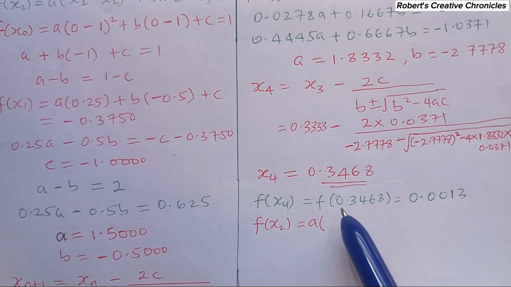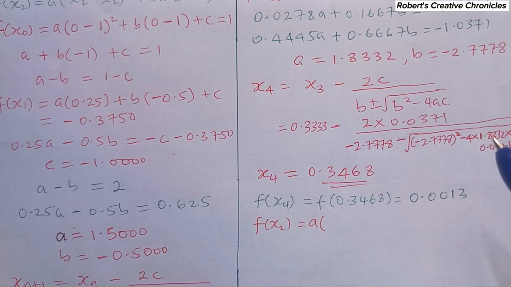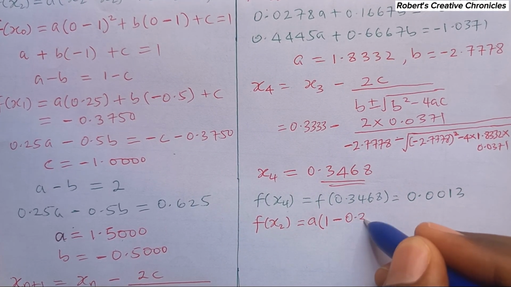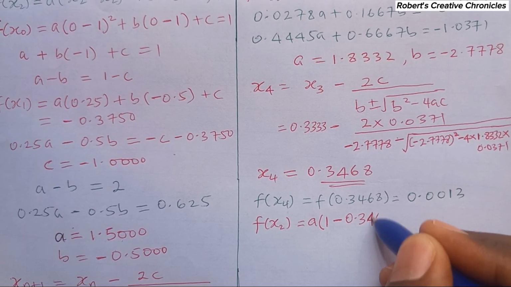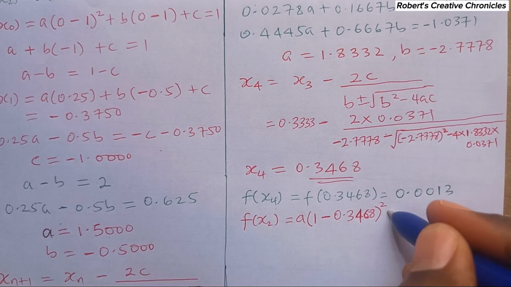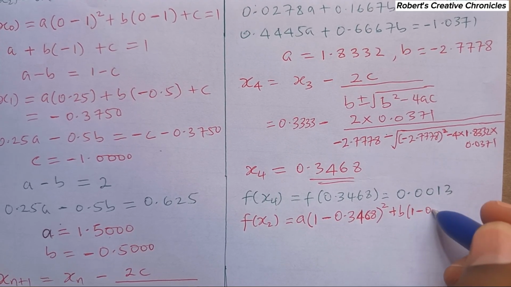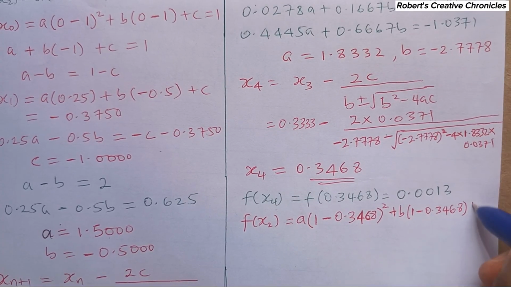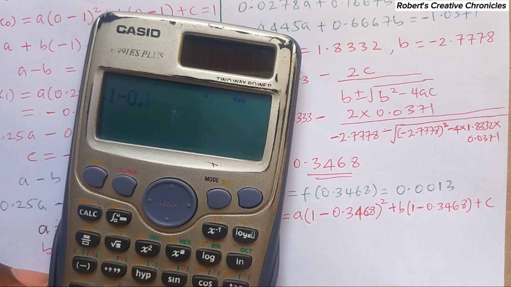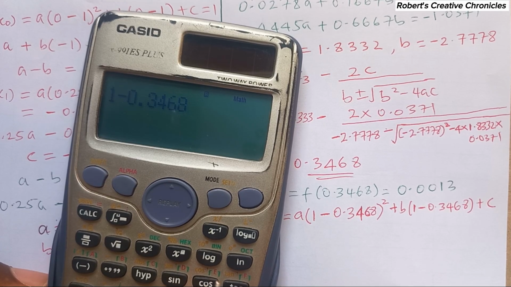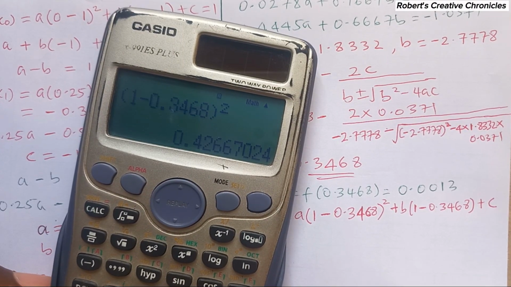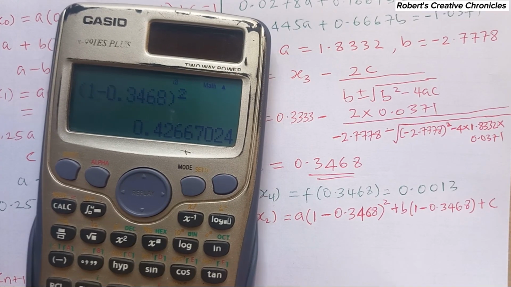So what is x2? x2 is 1 minus this x4, 0.3468 square, plus b times 1 minus 0.3468 plus c. So we'll say 1 minus 0.3468 square.